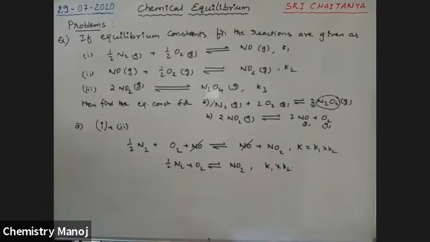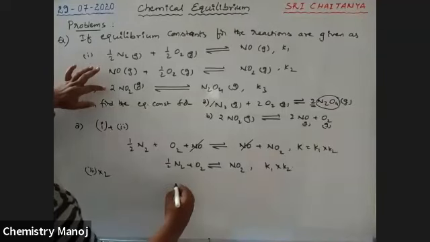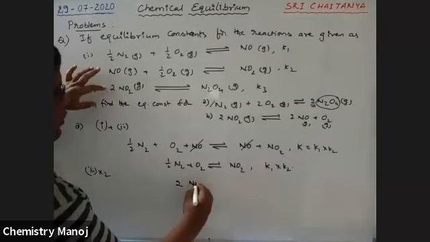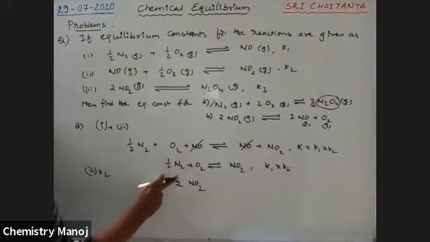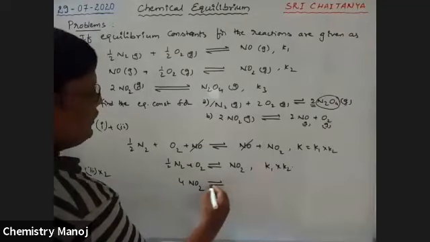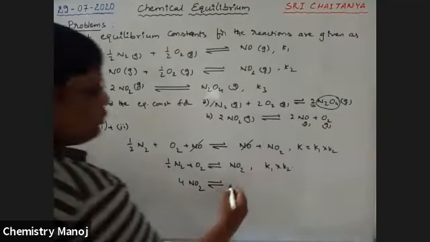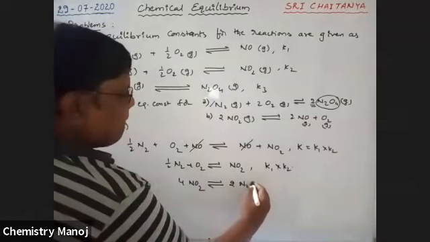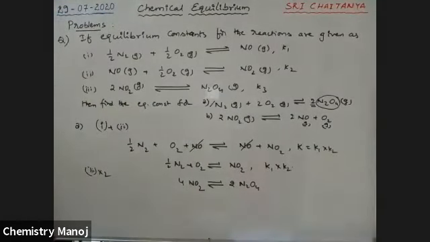Therefore, multiply equation 3 by 2, that gives 2 NO2 reversible with N2O4 becoming 4 NO2 reversible with 2 N2O4.